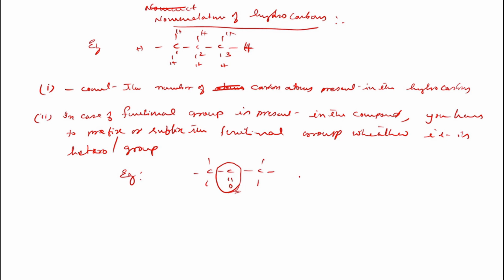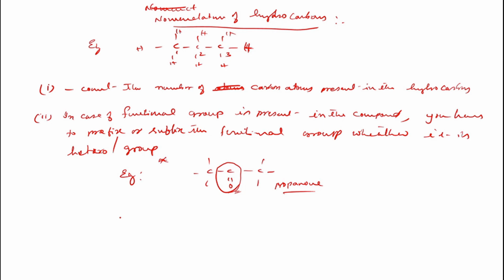Okay. So that means it is a propanone. 3 carbons are there. So we have to name it as a propanone. Propane, E replace ONE. Propanone. Like this we have to give name. It is very, very important. You may get questions on this.